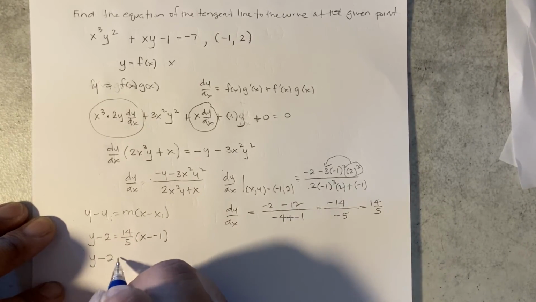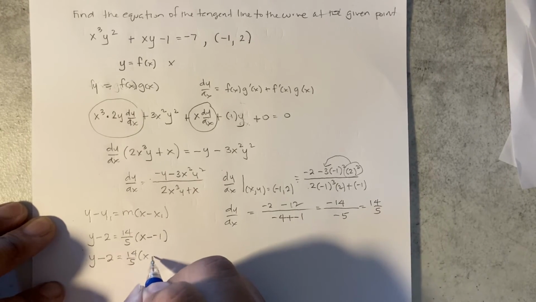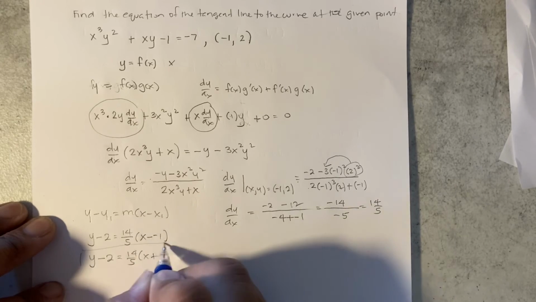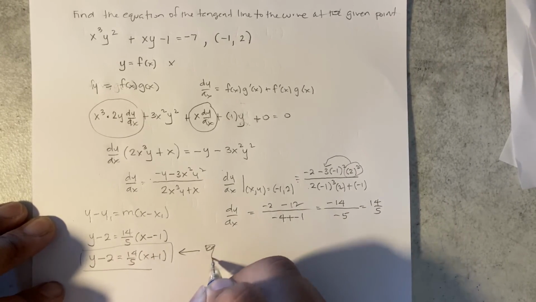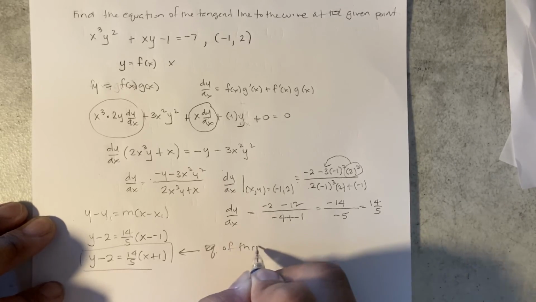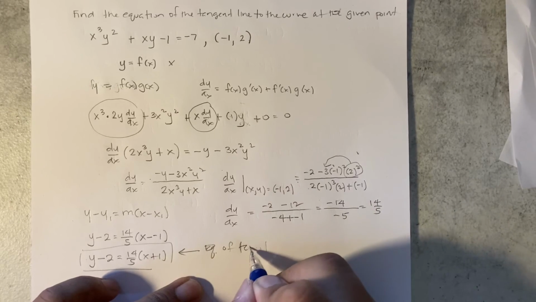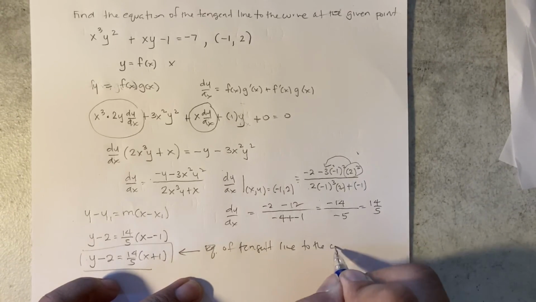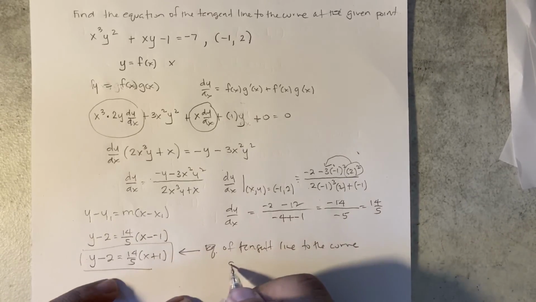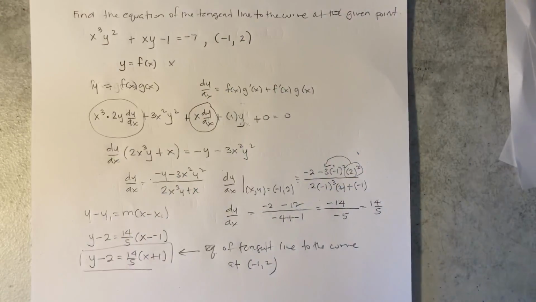Simplify again, y minus 2 equals 14 over 5 times x plus 1. So this here is the equation of your tangent line to the curve at negative 1 comma 2. And there you have it.